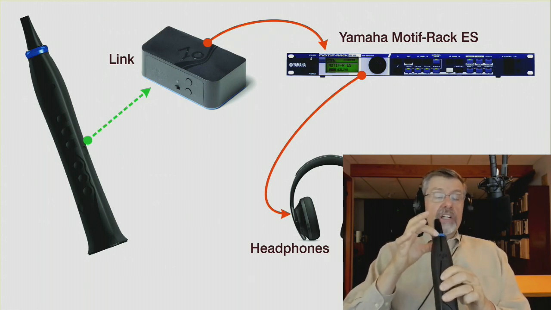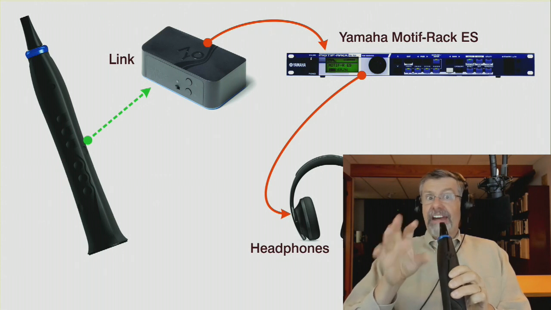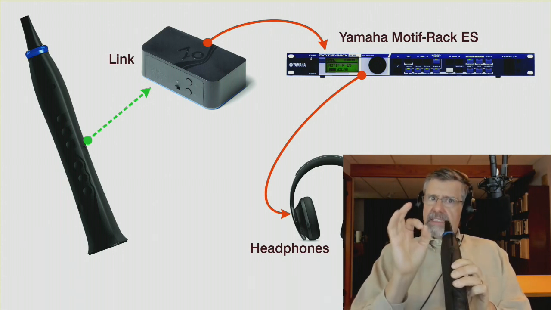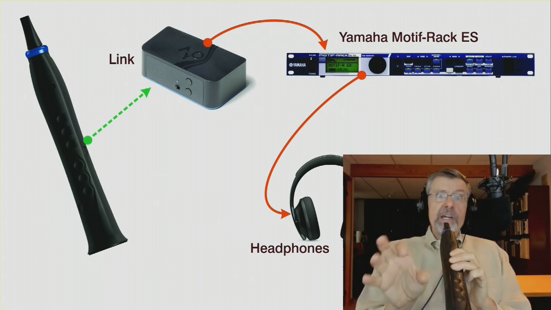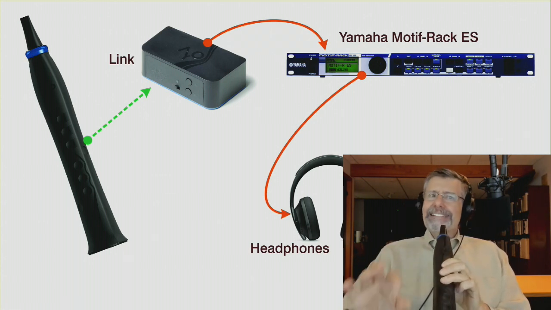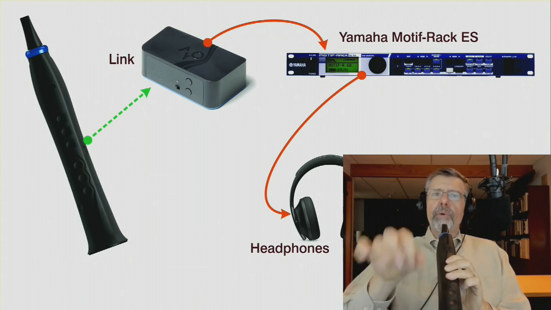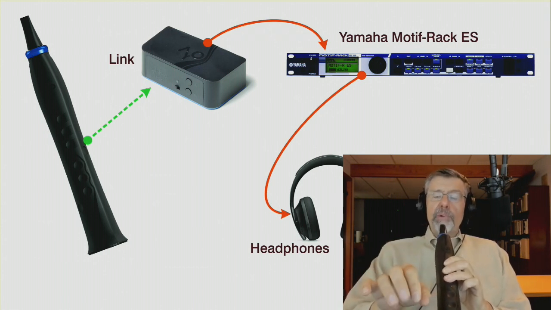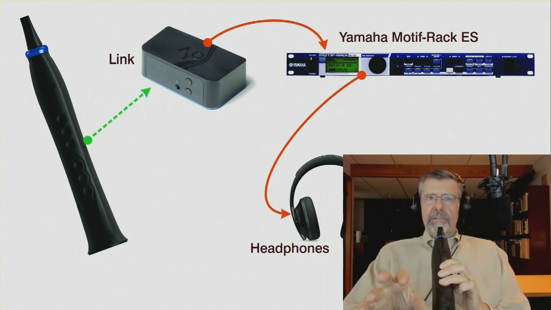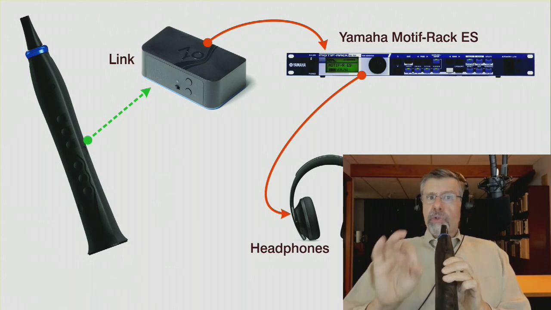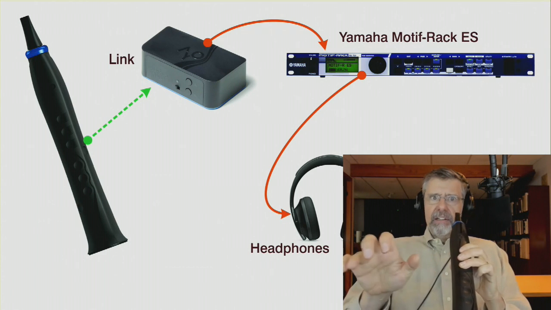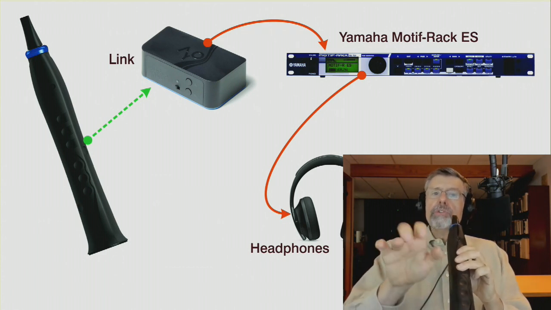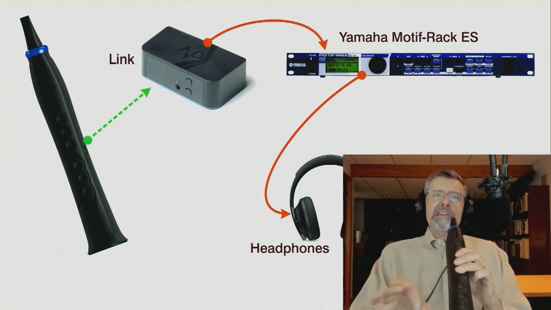This instrument is generating a stream of MIDI data, I think about 500 times a second. It samples how much breath pressure I'm putting in and sends that information 500 times a second. The Motif-Rack is not using that information because it's designed for keyboards. So these are major shortcomings. Also, when I change notes, it's as if I hit another key, so it's always using an attack at the beginning of the note.